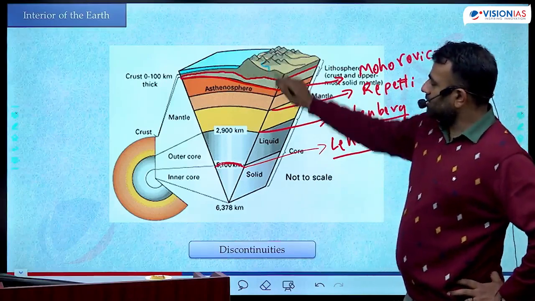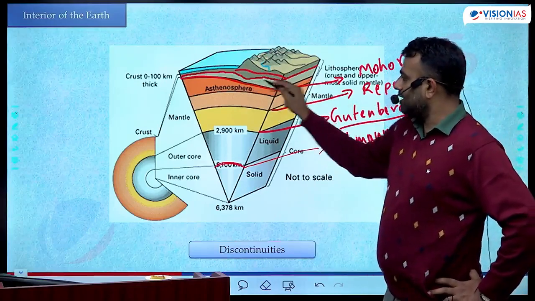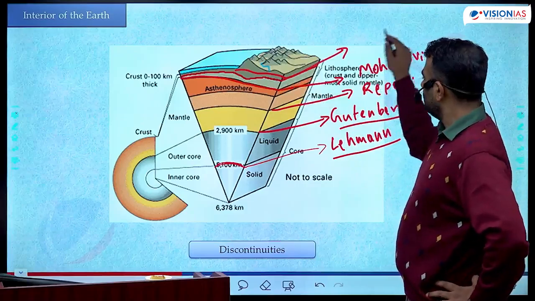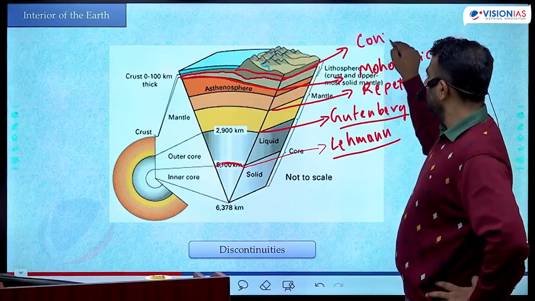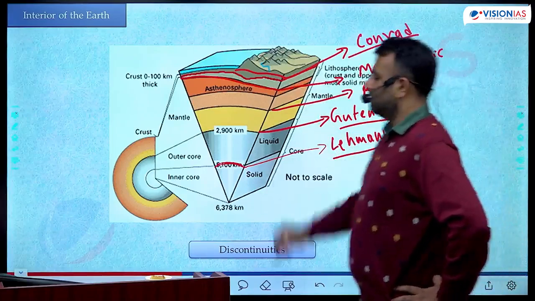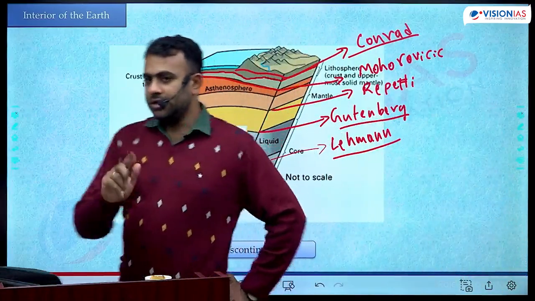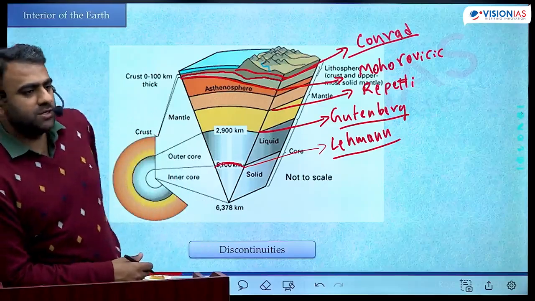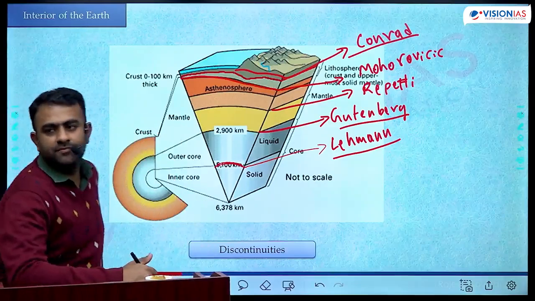Within the continental crust, between the upper and lower continental crust, we have Conrad. It is present only in the continental crust, not in the oceanic crust, because oceanic crust is not very thick.